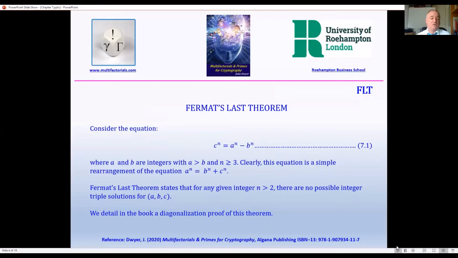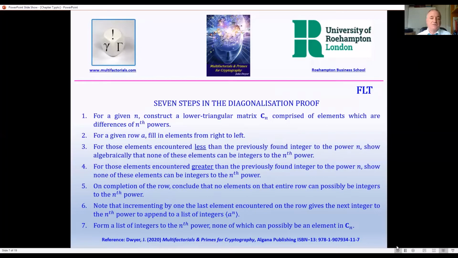Turns out that integer triple solutions, a, b, c, for this equation cannot all be integer. Two of them can, but the other one can't. And we'll prove that in the next couple of slides.